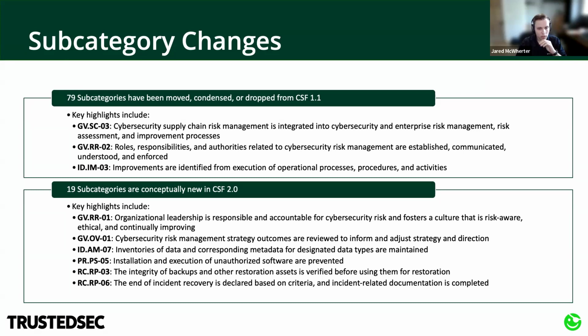However, now the CSF has taken a stronger stance on this and wants you to document the actual designated data types that we are protecting, such as PII, personally identifiable information, PHI, protected health information, any kind of financial account number, any kind of intellectual property. Essentially, we want to make sure we understand what data we're protecting, and organizations need to continuously analyze any new data flowing through the organization to identify any additional data types that may not have been assigned before.